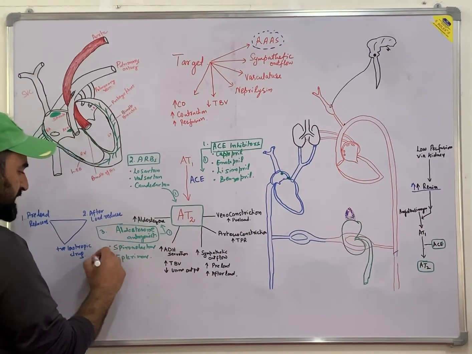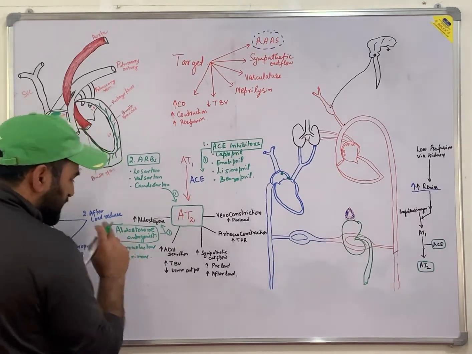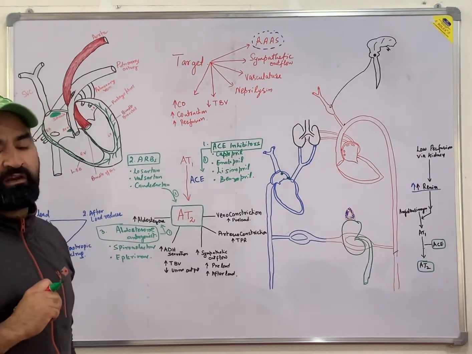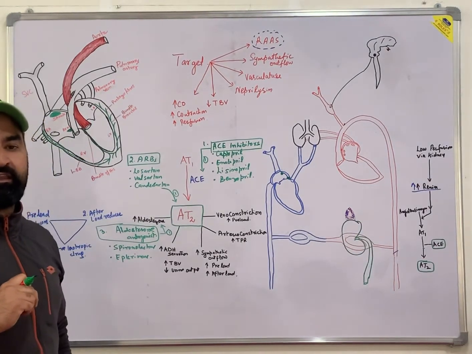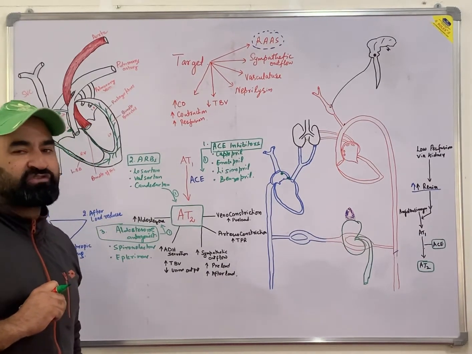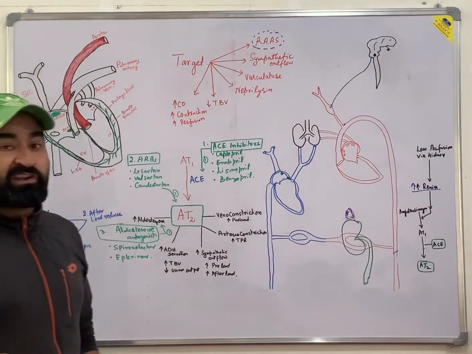You know what these two will do? They are doing two important things. One is they decrease the cardiac remodeling because they decrease the fibrous tissue growth, and number two, they are potassium sparing.